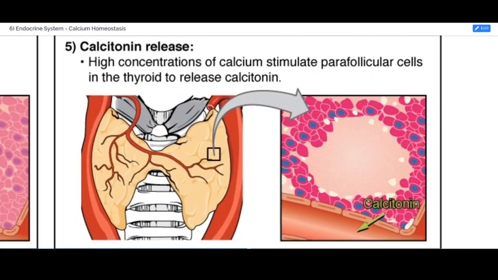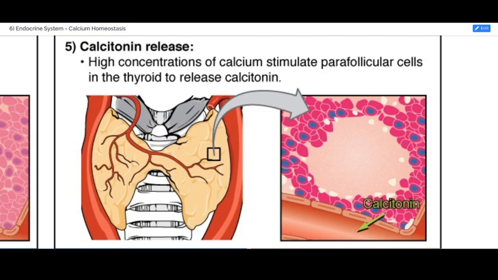As blood calcium levels rise, then the other side of controlling this comes from the thyroid gland. And here the thyroid gland is going to release calcitonin, which is made by the parafollicular cells, not the follicular cells that are responsible for T3 and T4, the normal thyroid hormones, but rather the parafollicular cells.